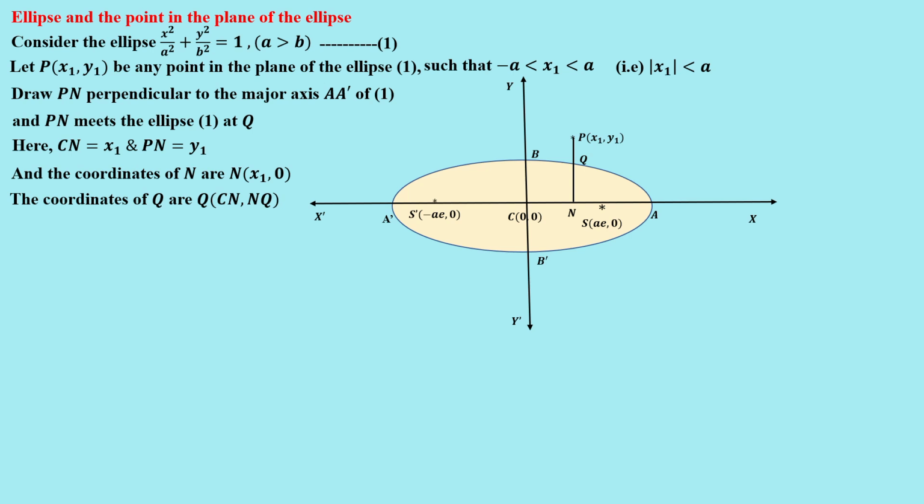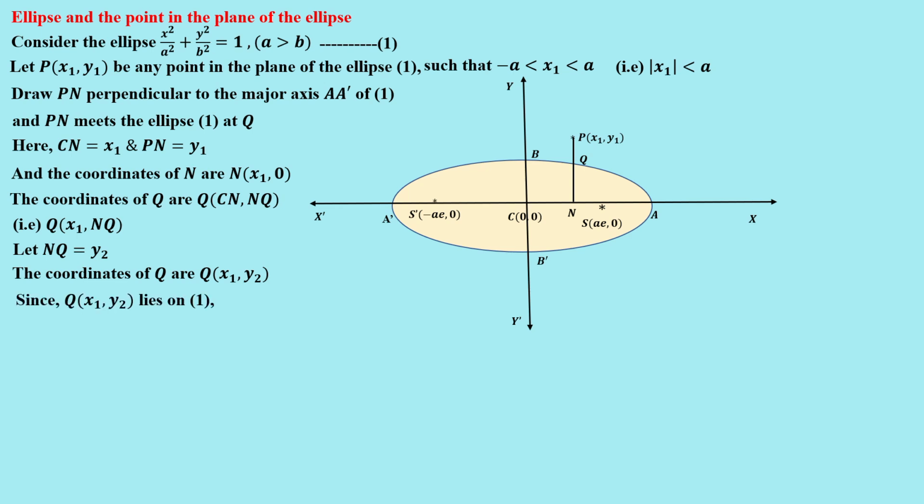The coordinates of Q: Q is on the ellipse, so CN is the x distance of Q, and NQ is the y distance of Q. CN we know is x1. Now NQ, let it be y2, so the coordinates of Q are (x1, y2).